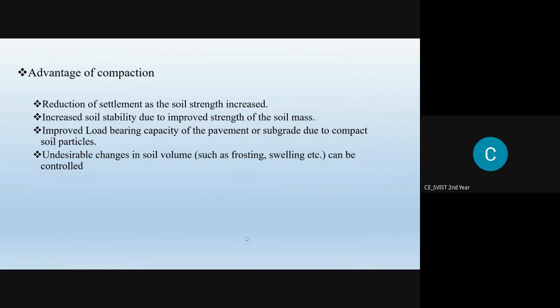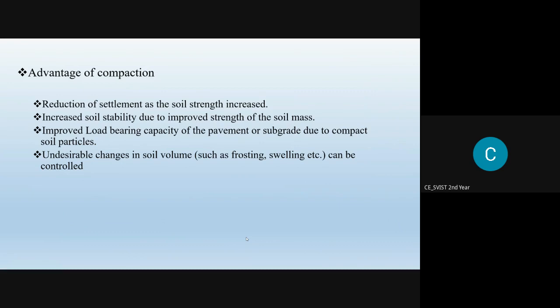What is the advantage of compaction? Compaction কি সুবিধা আমাদের? Okay, let's see. Reduction of the settlement as the soil strength increased. As we have seen, due to compaction, the shear strength of the soil is increasing because of the compacted soil mass. So now it is a stronger soil.